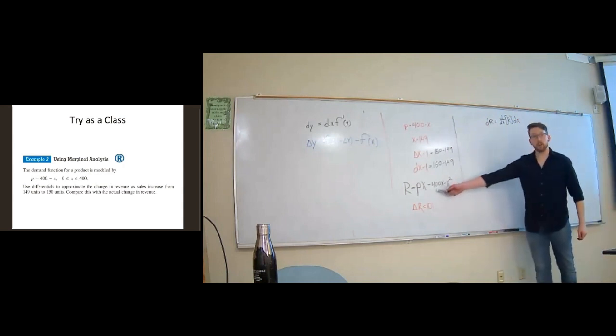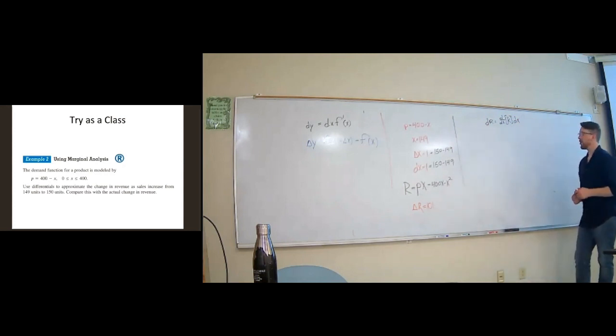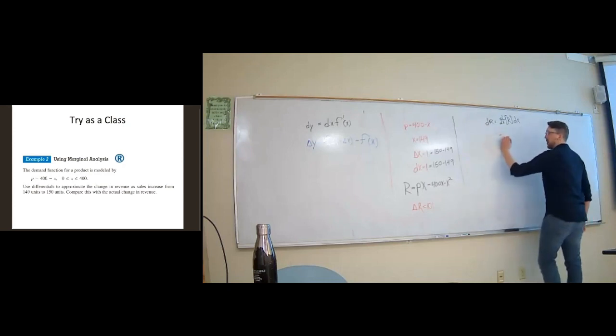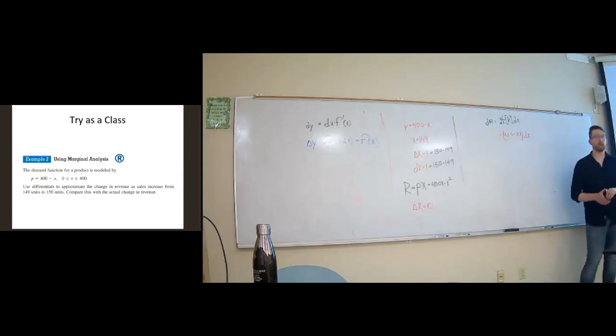Our revenue function is our demand function times demand. The derivative of that thing is just 400 minus 2x times dx. Agreed?